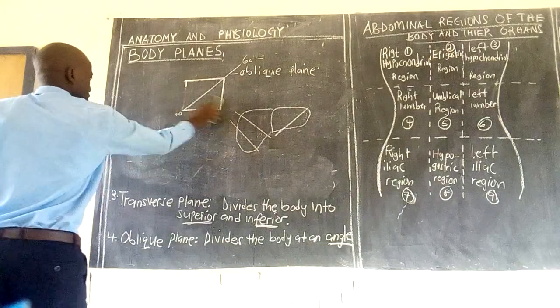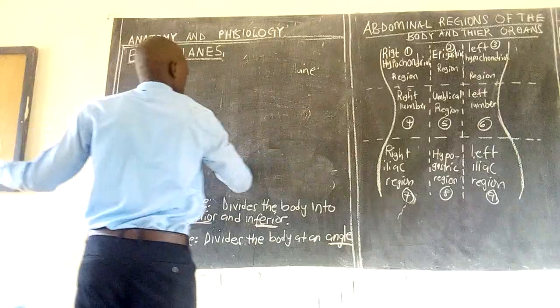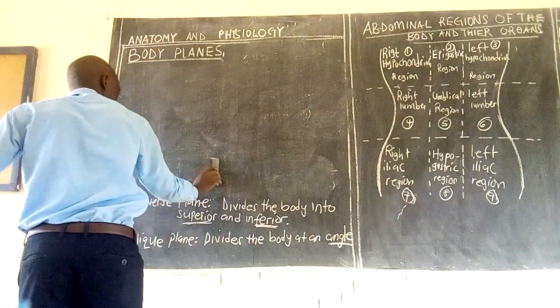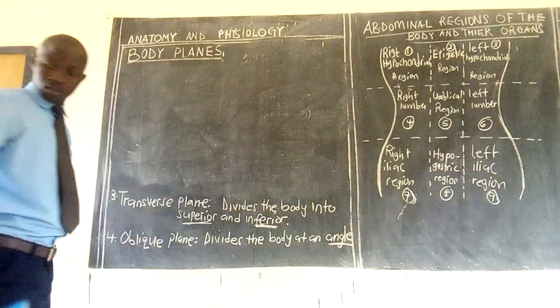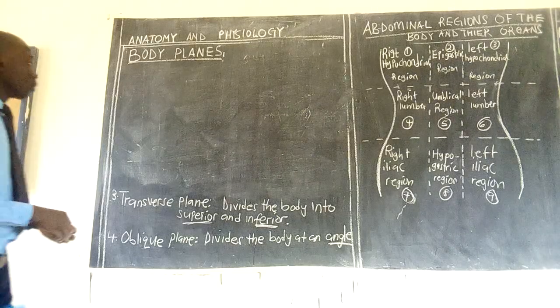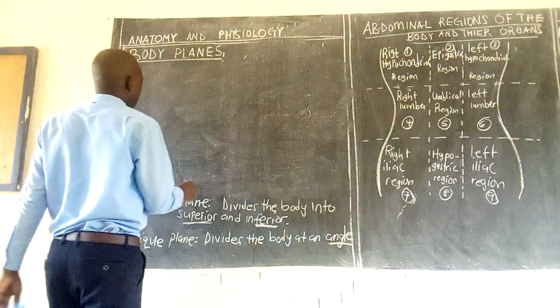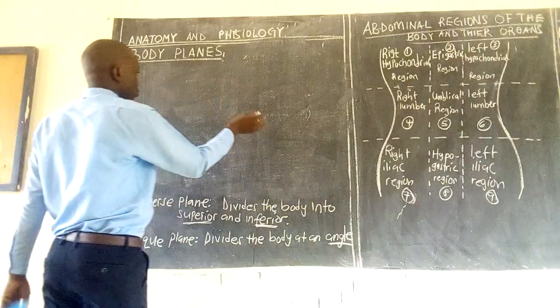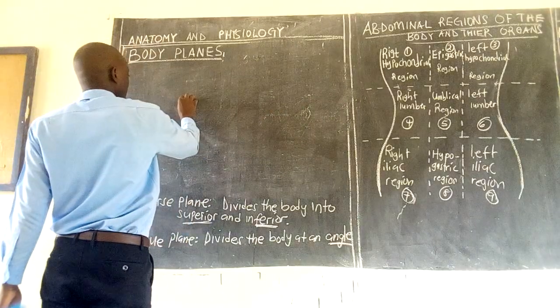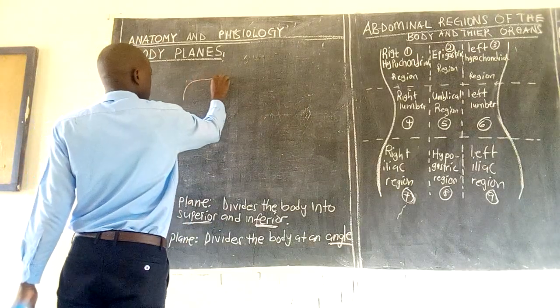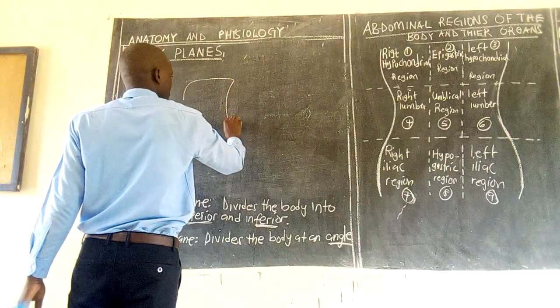So if we can just do some simple illustration of all these planes that we have seen, I'm going to imagine this is the structure of the liver, and I'll just make some simple illustration here.